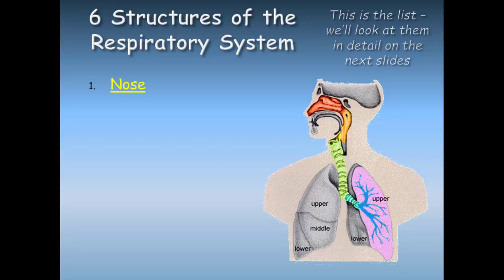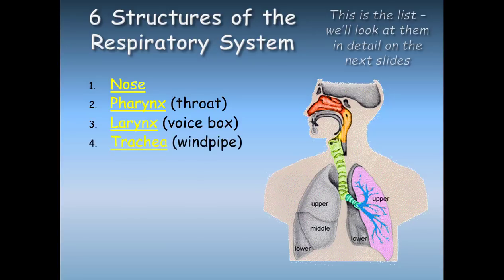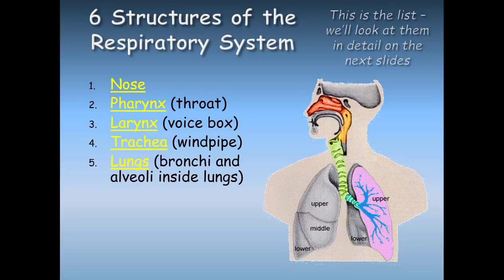First of all, we have the nose, then we have the pharynx, which is your throat, then we have the larynx, your voice box, then we have the trachea, which is your windpipe, the lungs, which include the bronchi and the alveoli inside, and then, not necessarily a structure that is part of the respiratory system, it's actually part of the muscular system, which is the diaphragm. The diaphragm is the breathing muscle.